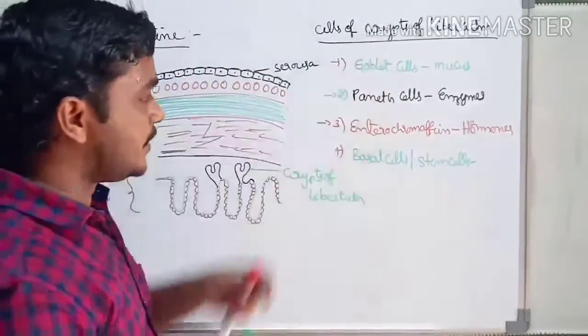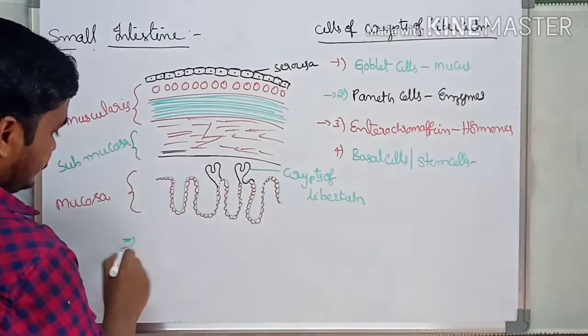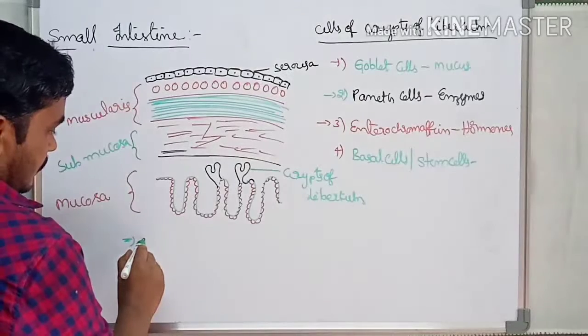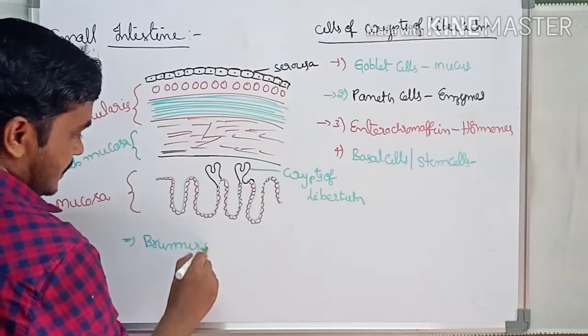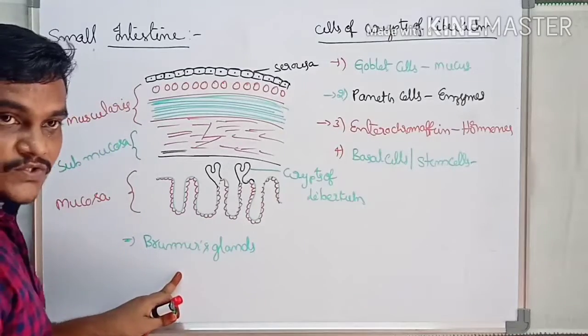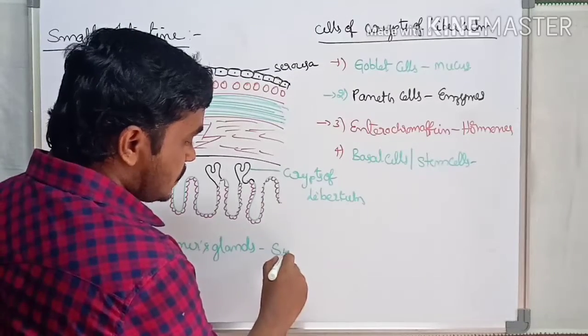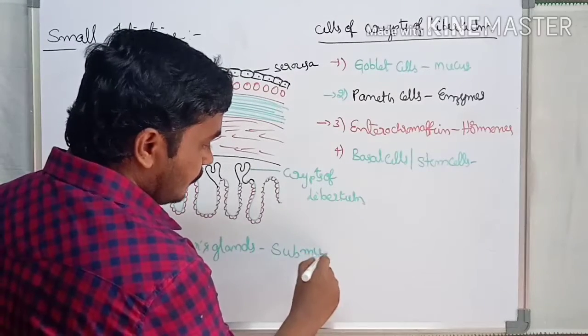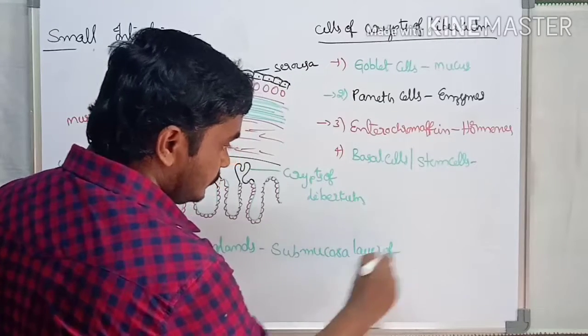So the crypts of Lieberkühn, and also Brunner's glands are there. Brunner's glands are present in the submucosa layer of the duodenum.